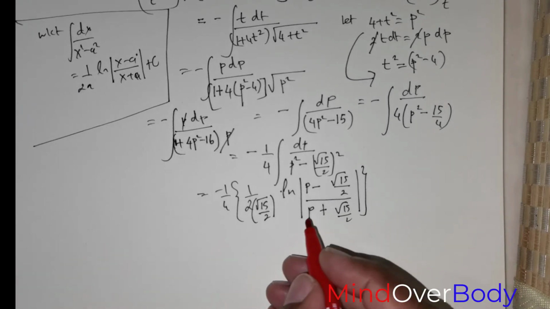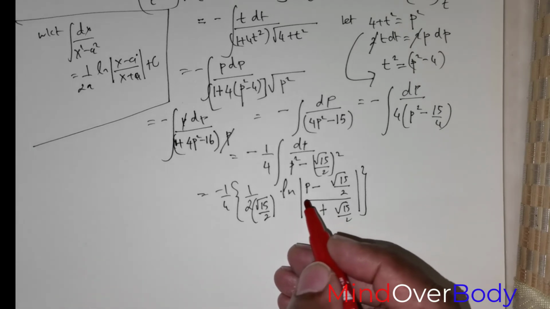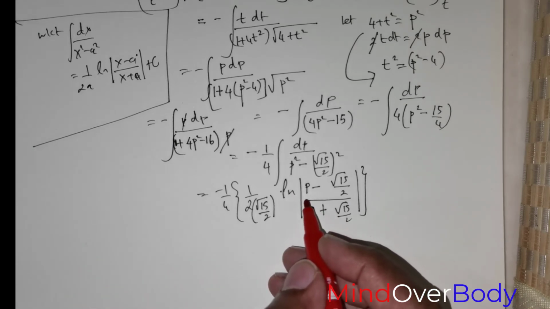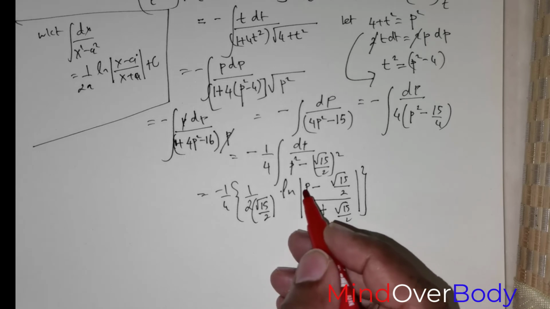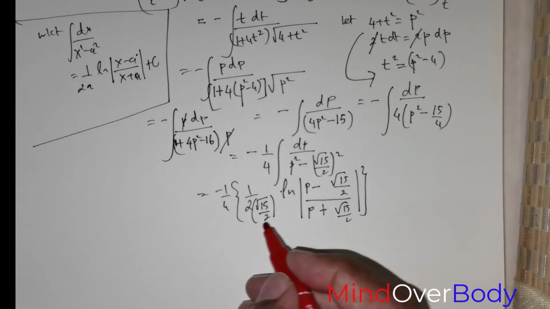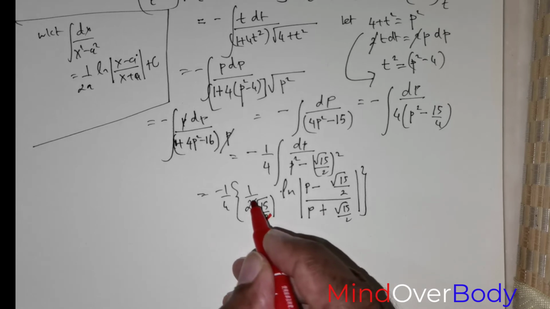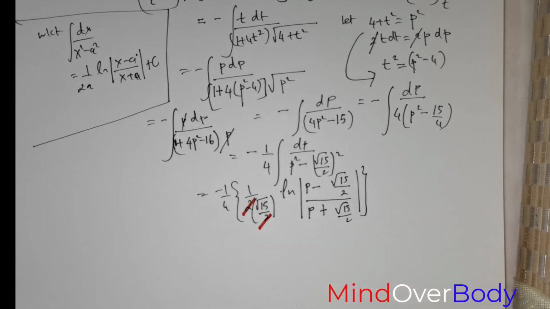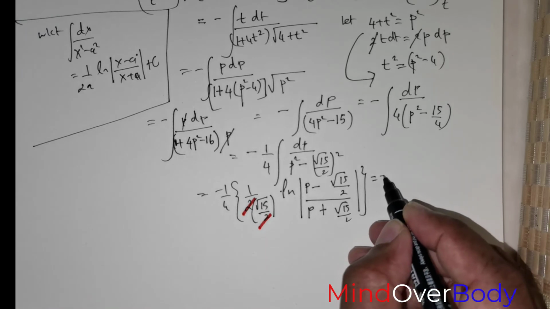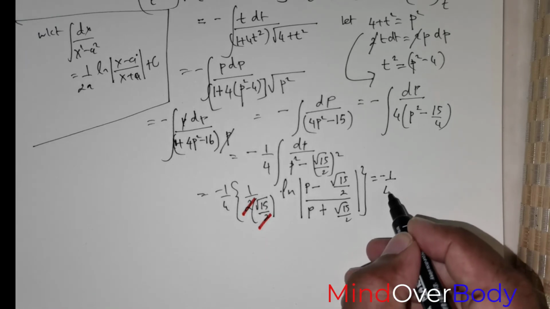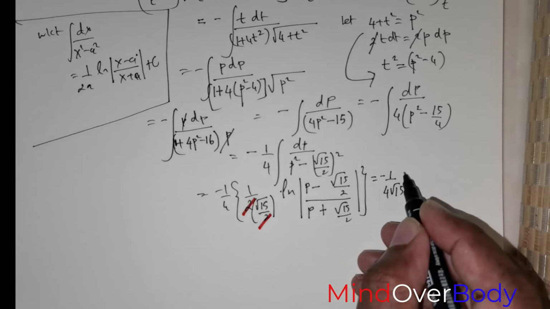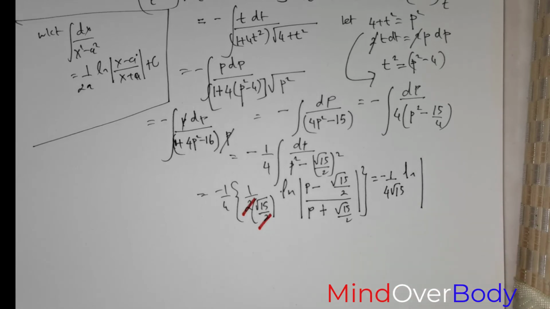Let us first revert all the variables to the x component, the original variable. So 2 and 2 can be cancelled, and that would mean this is equal to minus 1 over 4 times root of 15 ln modulus.